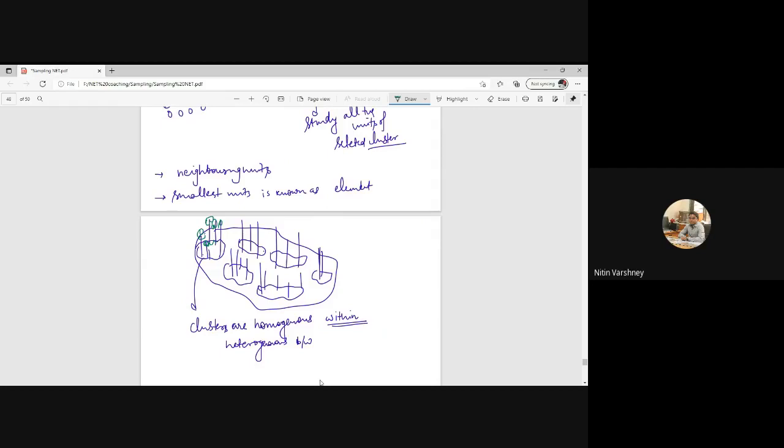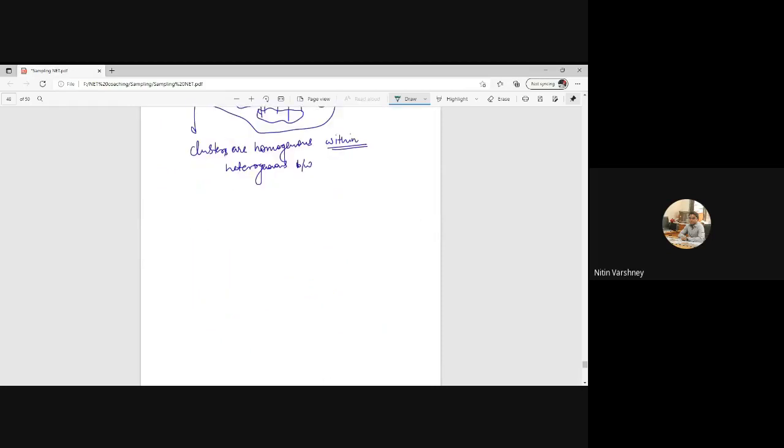For more efficiency of cluster sampling, two conditions are there. First, the number of elements in a cluster should be small.